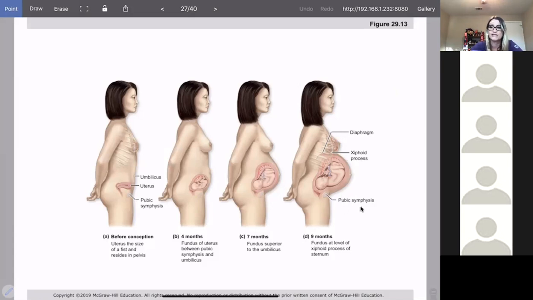Women experience dyspnea, which is awareness of breathing, and it's a little harder to breathe. This is because the woman has to increase her tidal volume about 30 to 40%. You need more oxygen now because you're not only supplying oxygen to your body, but also to the growing fetus.